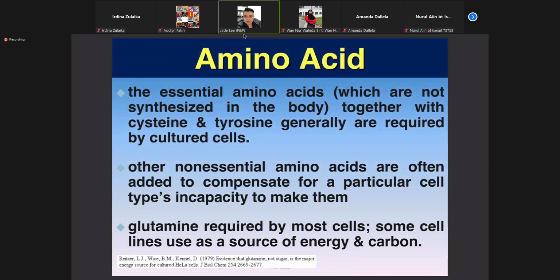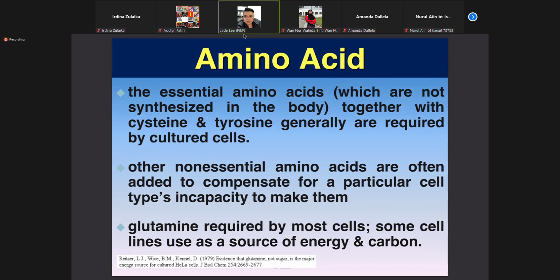We look at amino acids. So amino acids, the essential amino acids, which cannot be synthesized in the body, together with the cysteine and tyrosine, generally are required by the cultured cell. Okay, remember that cysteine and tyrosine cannot be generated by our body, so you have to outsource them.